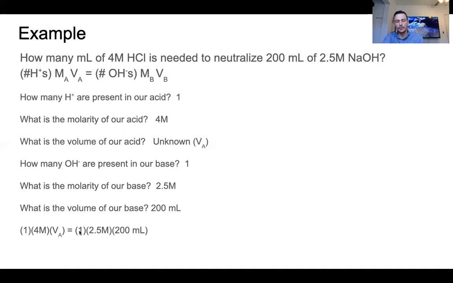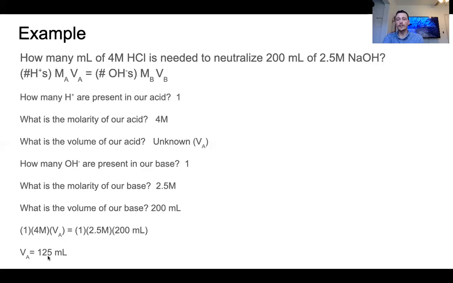Then, to get rid of these, you'd have to divide by 1 times 4, which is just 4. So we divide 500 by 4, which gives us our final volume, the volume of the acid needed to have a neutral solution, 125 milliliters of this acid.